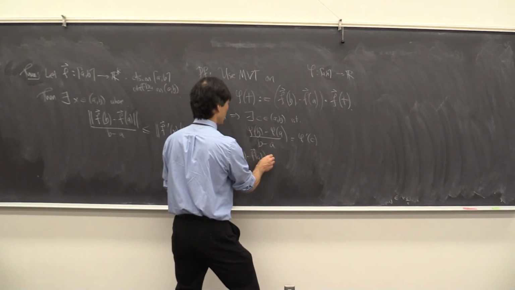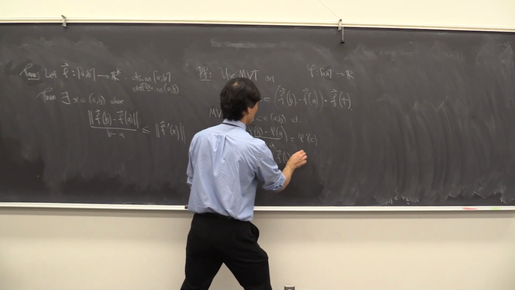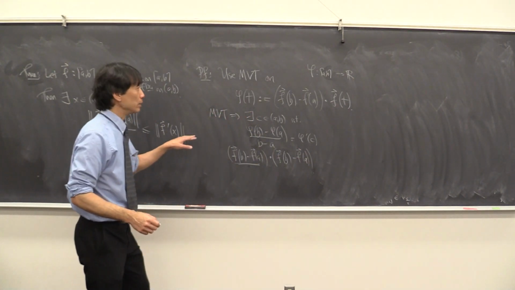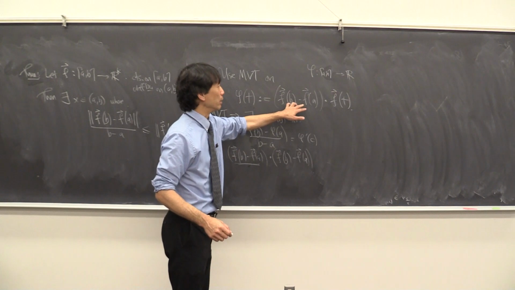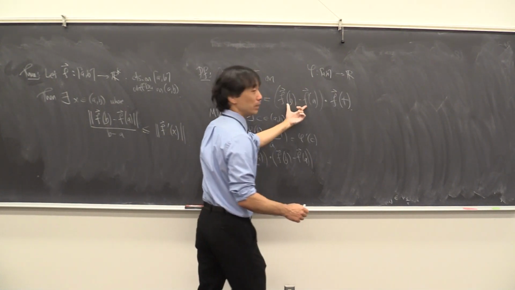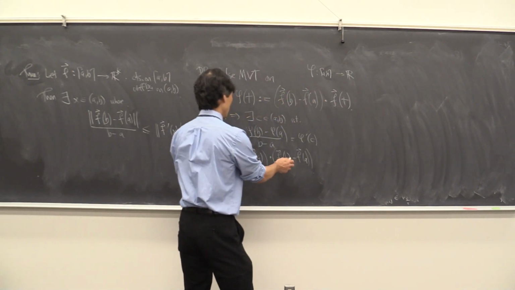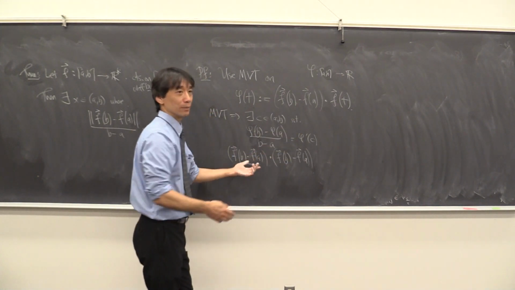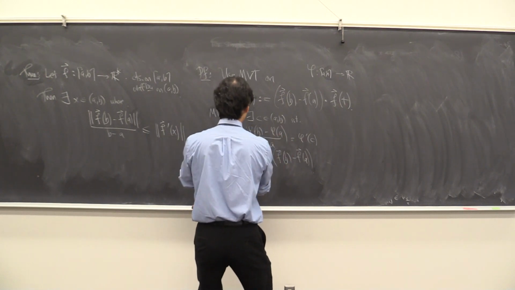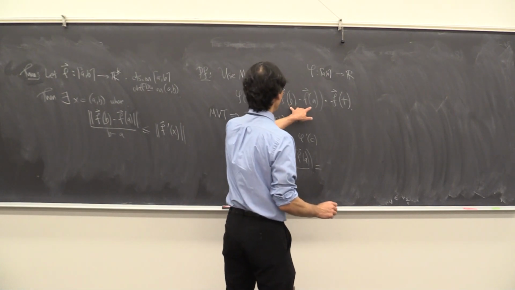So I can distribute out this term, and this is a constant vector. We get this thing dotted against f of b, this thing dotted against f of a. We take the difference and we can factor out this thing and get that. So we get that over b minus a equals phi prime of c.